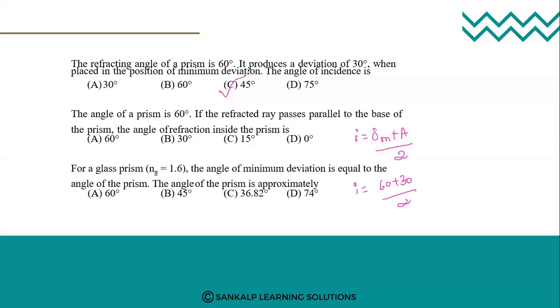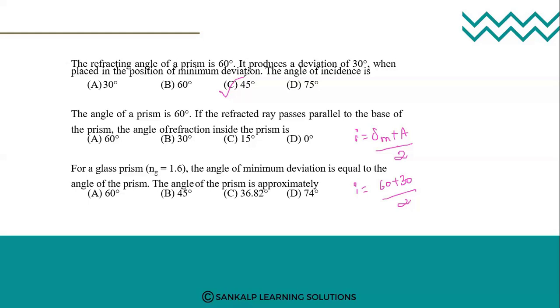Is the next question. The angle of prism is 60 degrees. If the refracted ray passes parallel to the base of the prism, the angle of refraction inside the prism is, so what is the value of the angle of refraction inside the prism?